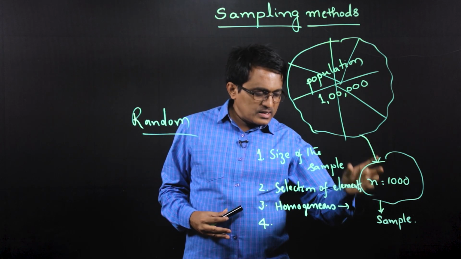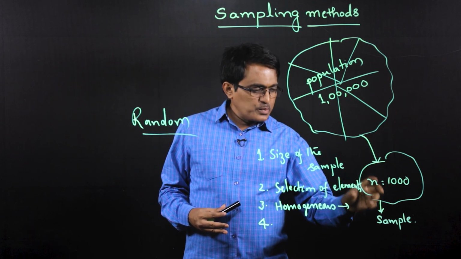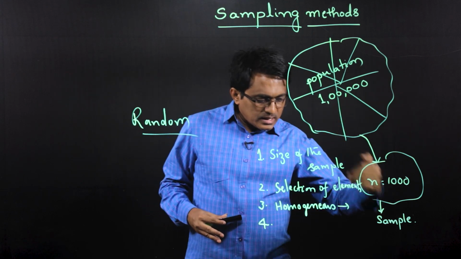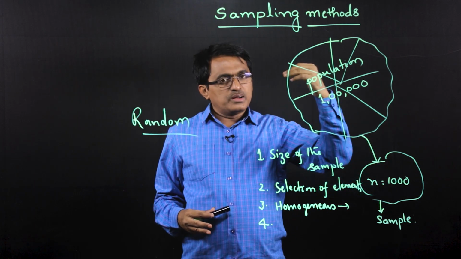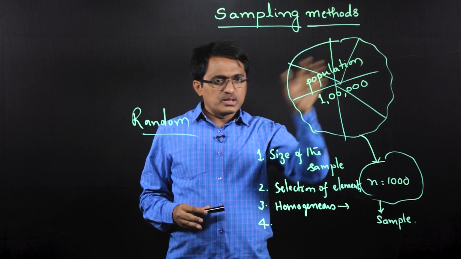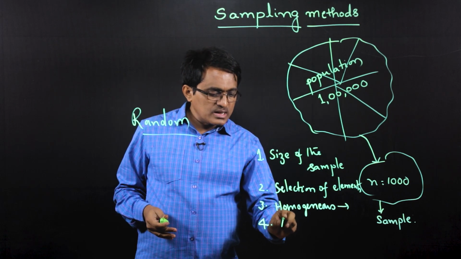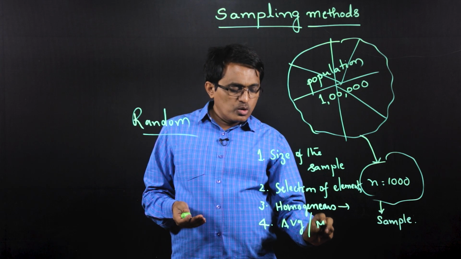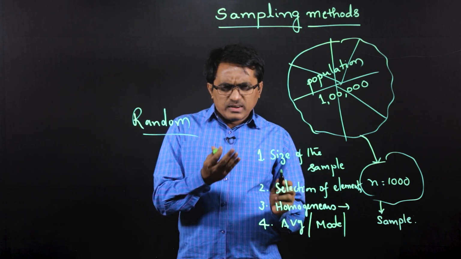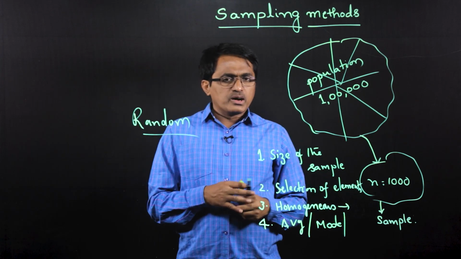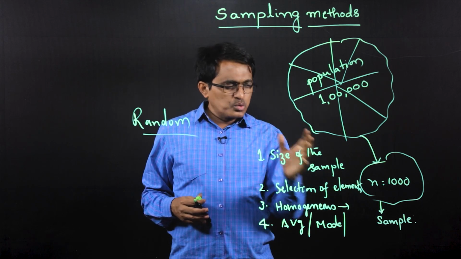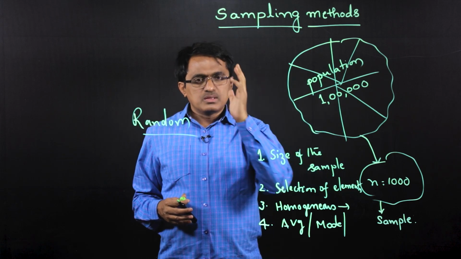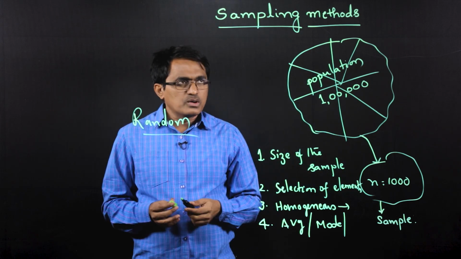That is average life of the product, average mileage of the bike, average mark of the student. Like I will select average, and from this I will try to estimate, or I will do the analysis for the population. That is choosing the appropriate measure. It may be mean, or it may be mode, or it may be standard deviation, whatever it is, depending on your requirement. We have to choose an appropriate measure to do the analysis on the sample, so that the sampling gives the accurate or exact results we are looking for.